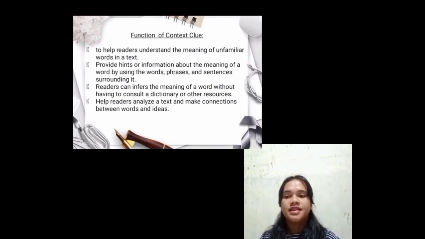So the last is to help readers analyze a text and make connections between words and ideas. If readers can know the meaning of unfamiliar words, readers can analyze or create new ideas about them. So that's all my explanation. I hope you can understand.